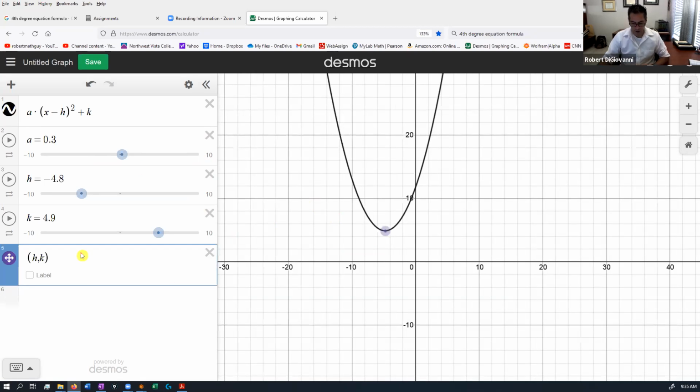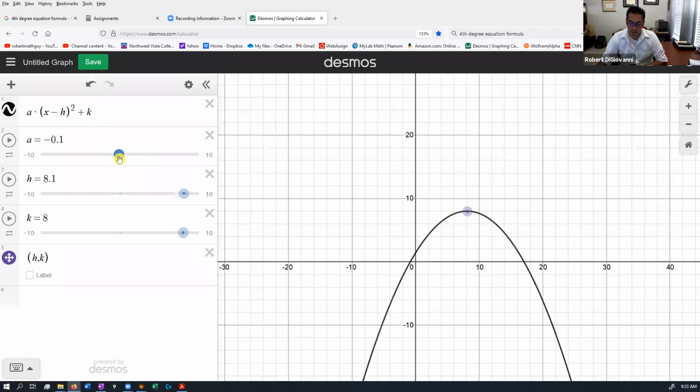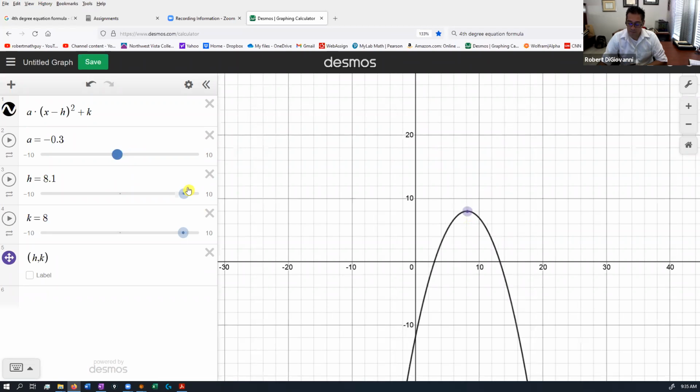That point right there will always be the vertex. In this case, because the parabola opens up, it's the lowest point on the graph. If I move it up, down, left, right, the vertex is always that lowest point. Even if I flip it over and make my parabola open down, now it's not the lowest point, but it's the highest point on the graph.